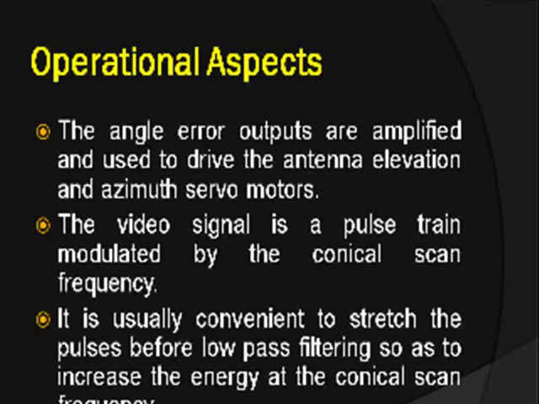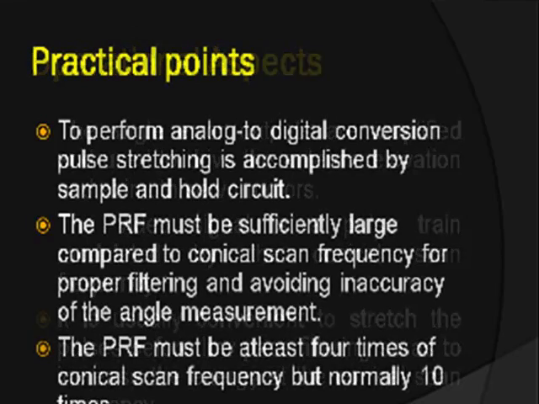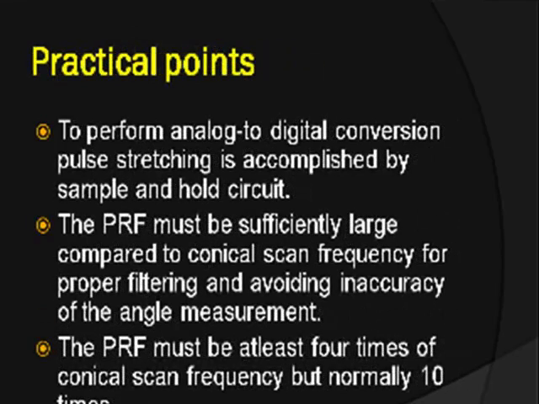It is usually convenient to stretch the pulses before low pass filtering so as to increase the energy at the conical scan frequency. To perform analog to digital conversion, pulse stretching is conventionally accomplished by sample and hold circuits. The same technique is being used here also.